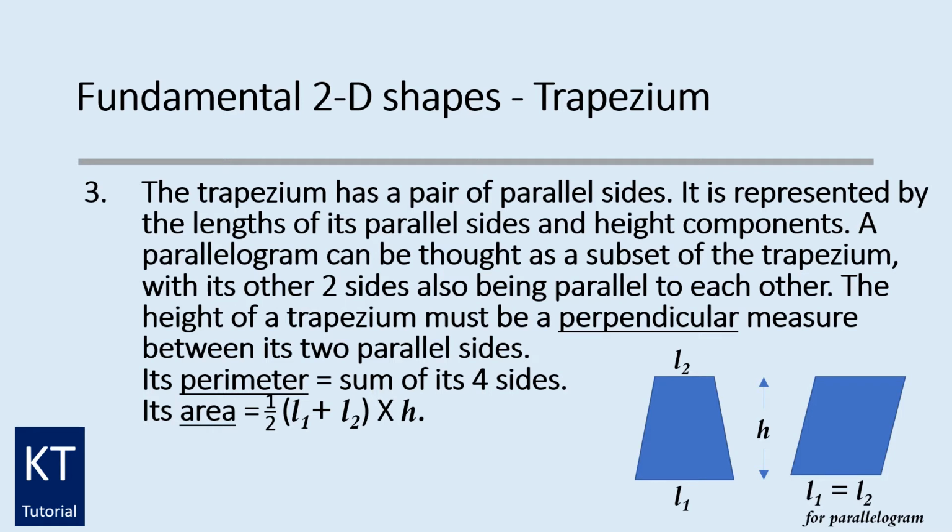The height of the trapezium must be a perpendicular measure between its two parallel sides. The perimeter of a trapezium is equal to the sum of its four sides, and the area of a trapezium is the average length of its two parallel sides multiplied by its height component.